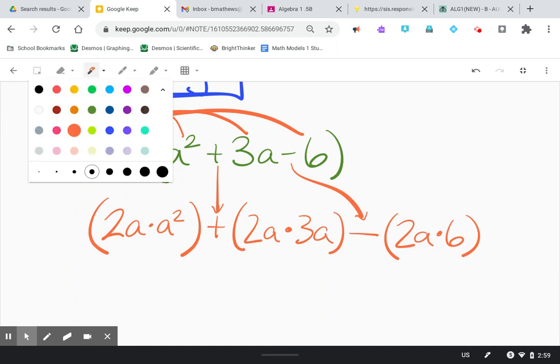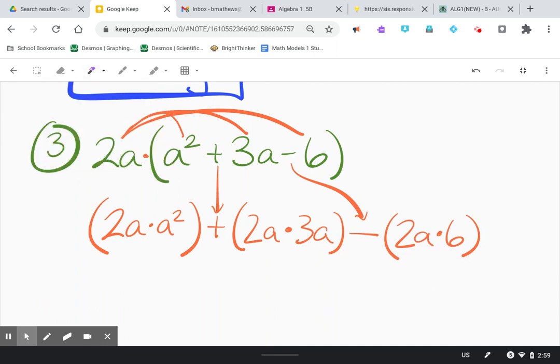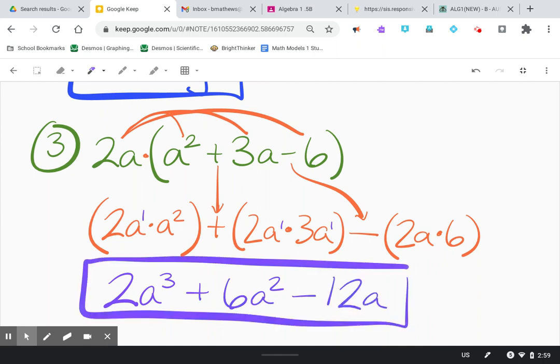And so when I go through that, 2a times a squared, that's going to be 2 a to the first times a squared, that's a to the third, plus 2 times 3 is 6. a to the first times a to the first is a squared, minus 2 times 6 is 12a. So you can see with the distributive property, you multiply that first number times each term.